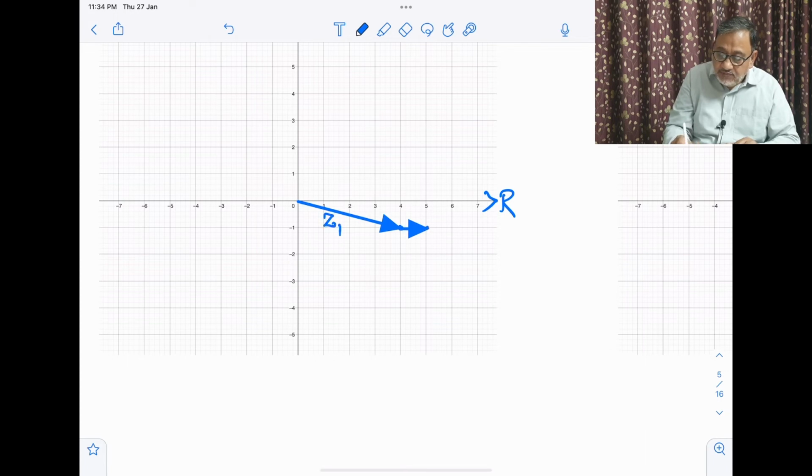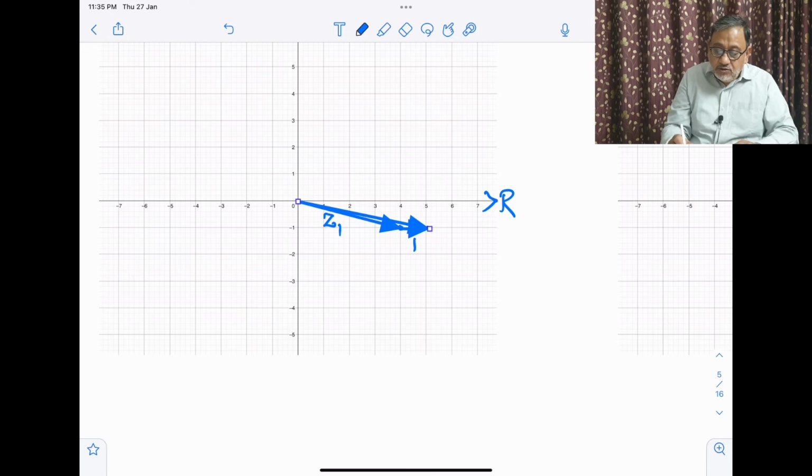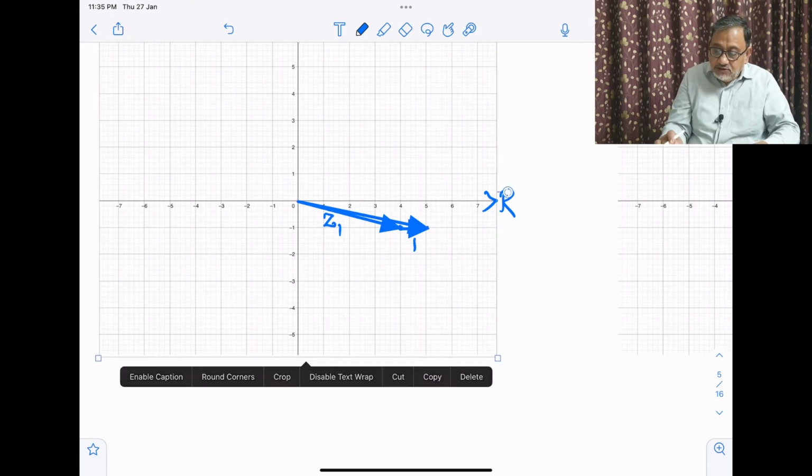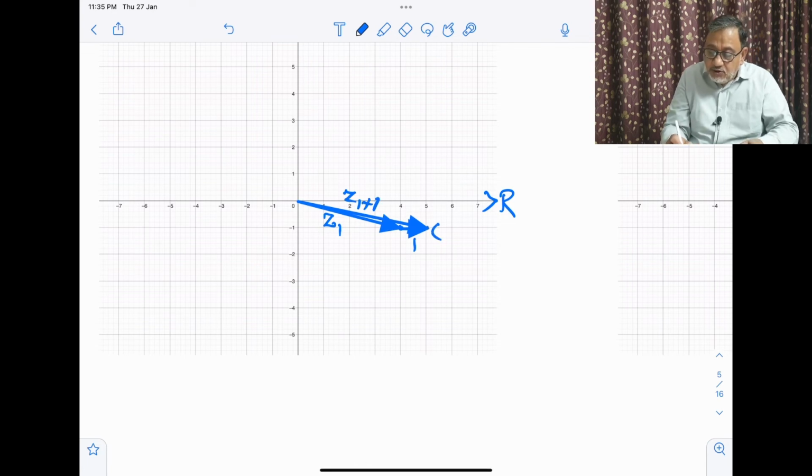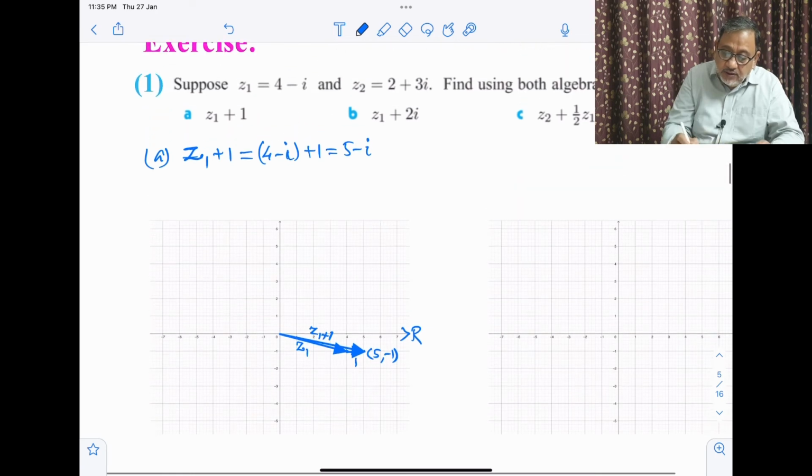So Z1 and this is 1 only. This is the final position when I connect it with this. So my final position will be Z1 plus 1, which is given by this point, 5 comma minus 1. And look at the algebraic solution. This is also representing 5 comma minus 1.